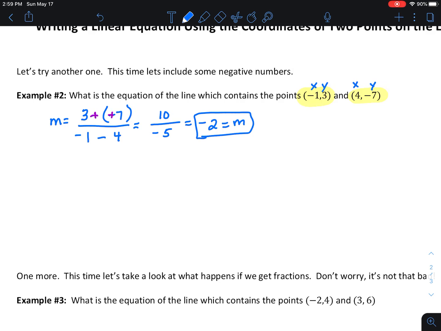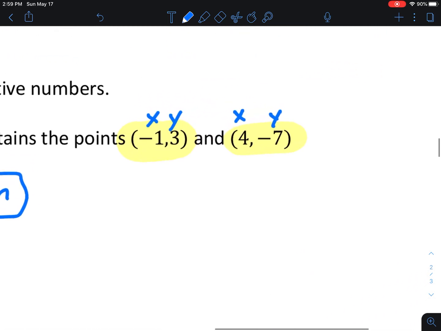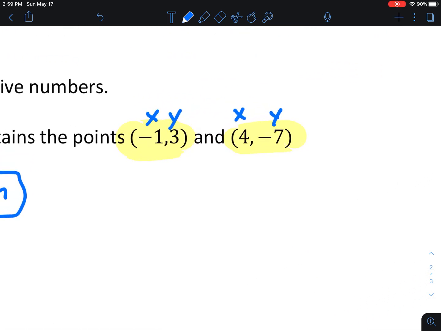There's step number 1. Step number 2, we're going to choose one of the points as an x and a y value. Now, if I look at these 2 points, none of them seem any simpler than the other, although (-1, 3) might be a little bit simpler because the numbers are a little bit smaller.